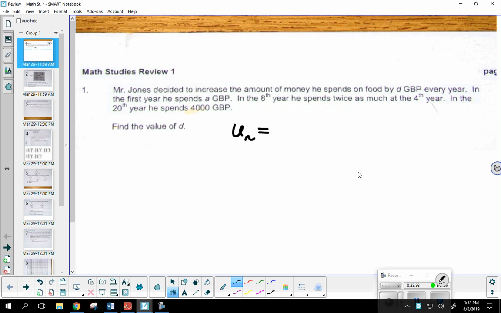The first term, u sub 1, plus n minus 1 times what? D. Remember, that was the common difference. When you had a geometric sequence, we used r, which was the common ratio. It's been a while. I want to say this was before Christmas the last time we really talked about this one. Does that look familiar? Okay.